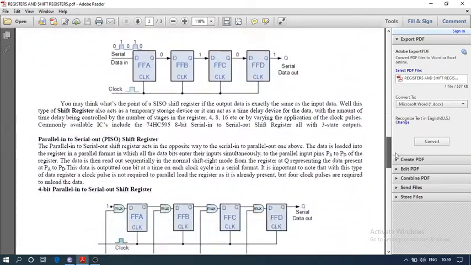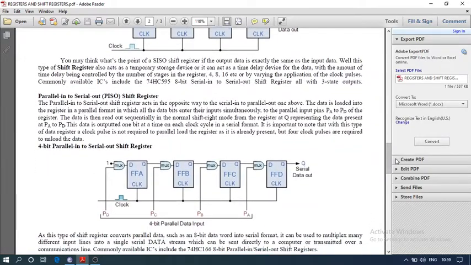Now parallel in, serial out. This is the connection or block diagram of the parallel in, serial out. Here another thing is required, that is a multiplexer. There data is given in parallel manner and collected in serial manner.